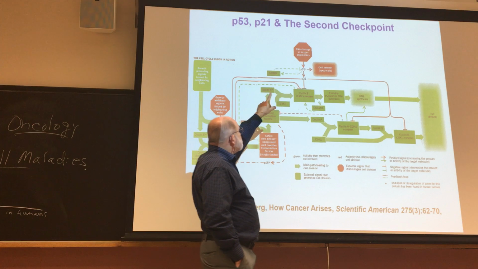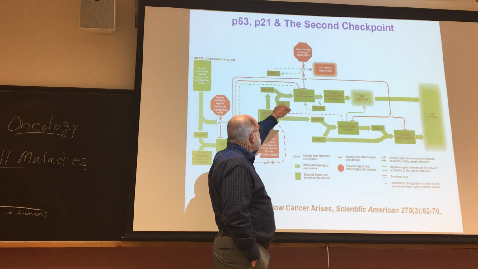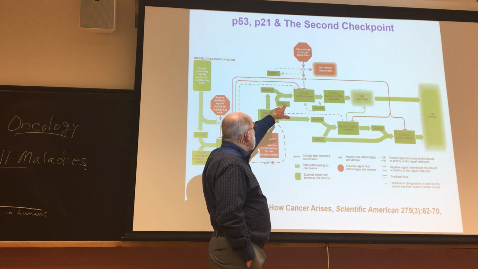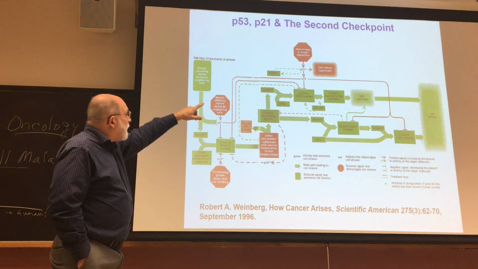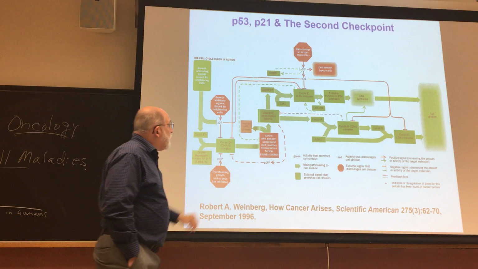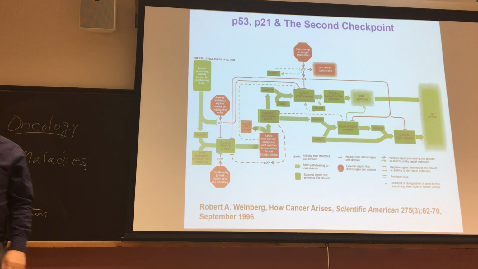You get DNA damage or oxygen deprivation, which tends to have an effect on P53, can damage it. So if you've got something that's normally holding things back and you damage it, you no longer hold things back and cells go on to divide.